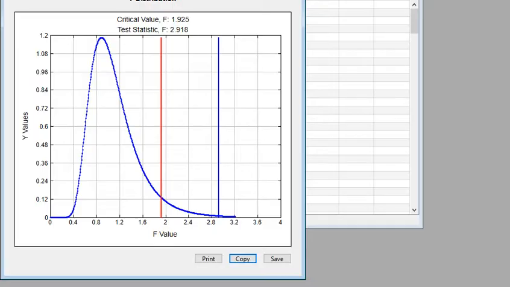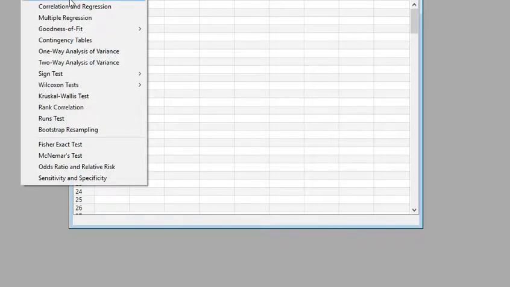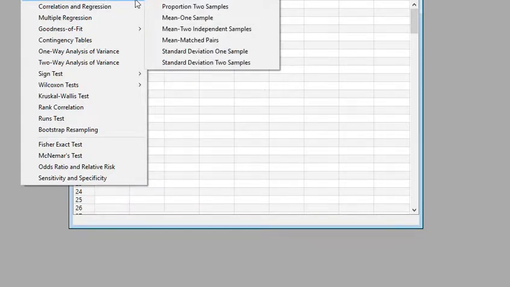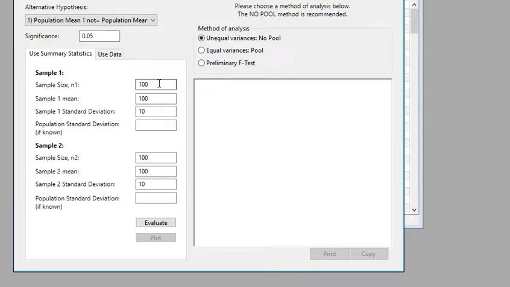So let me switch over to here. Let's do analysis, hypothesis testing, mean 2 independent samples, sample size. For the first one was what? 64. Sample mean was 53.3.